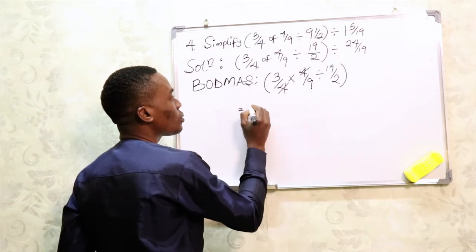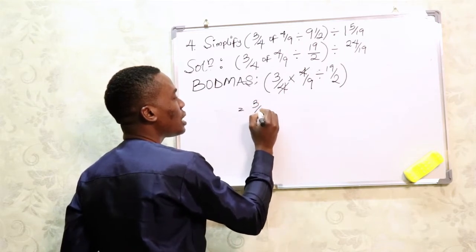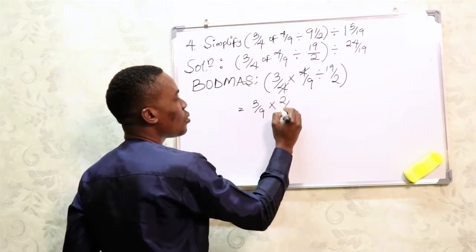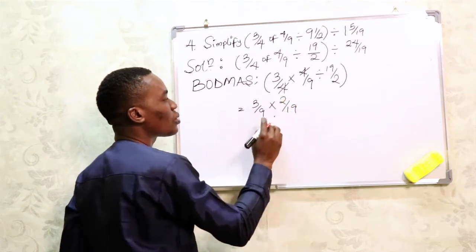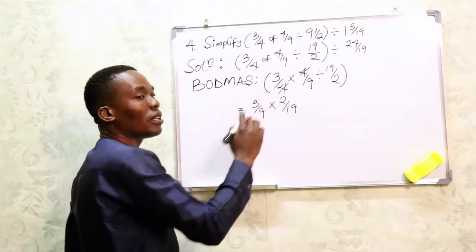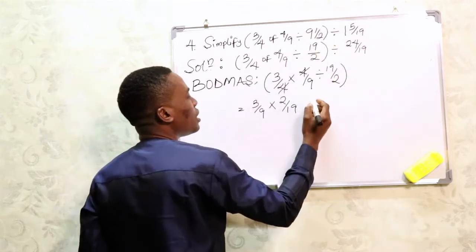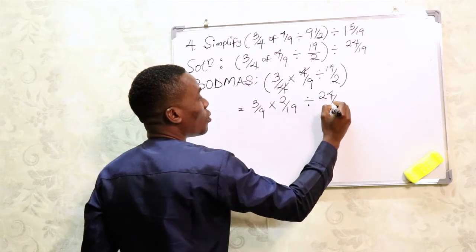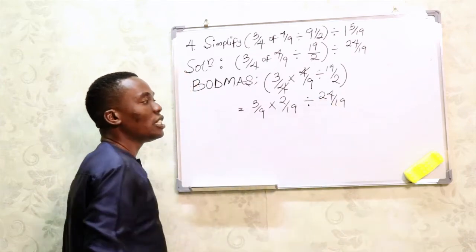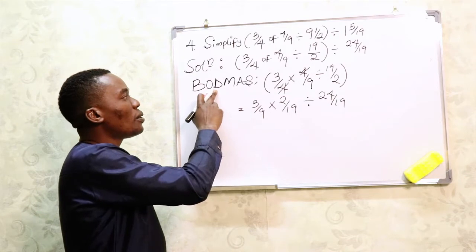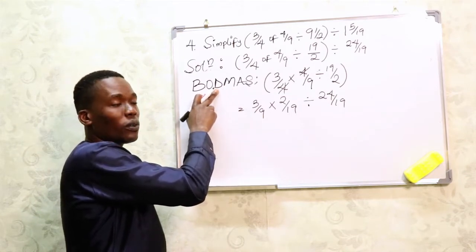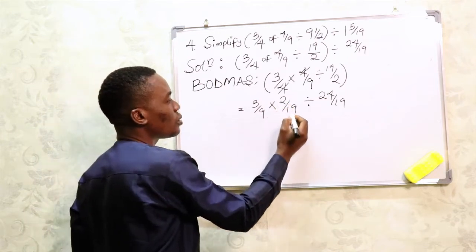That will now give us 3 over 9 multiplied by 2 over 19. So we've succeeded in breaking the bracket. Now we'll bring in the division, which is 24 over 19. Now what else do we need to do? Remember, before the multiplication, we need to take care of the division in BODMAS.